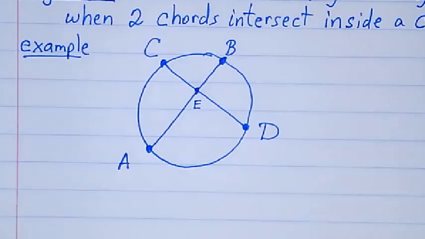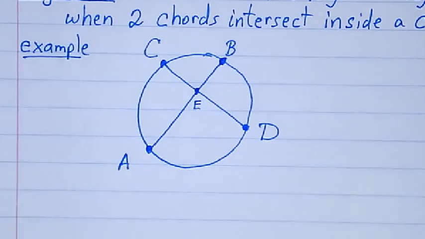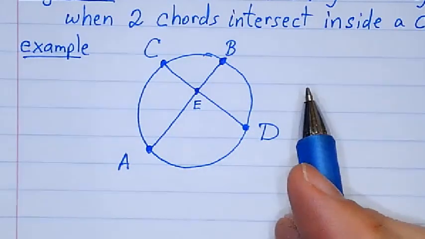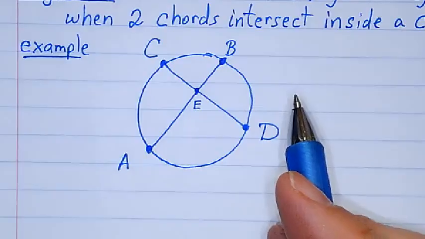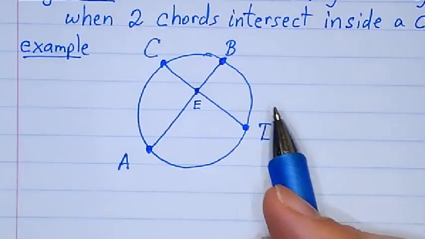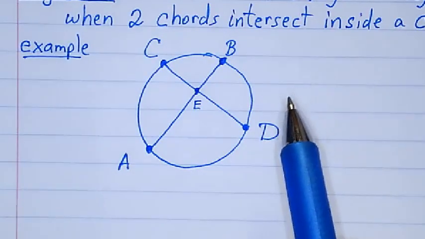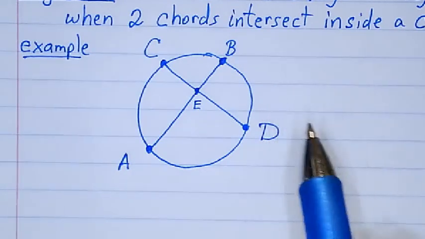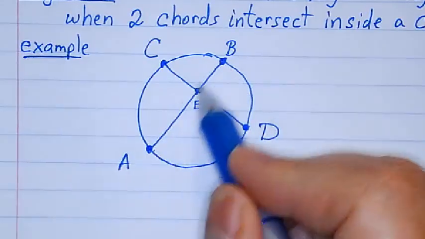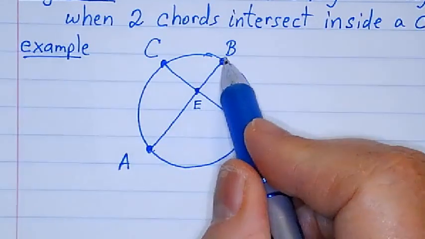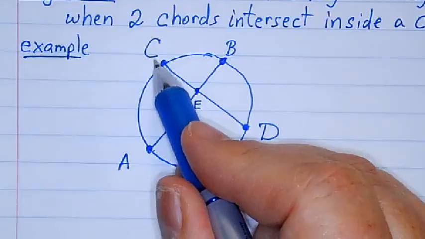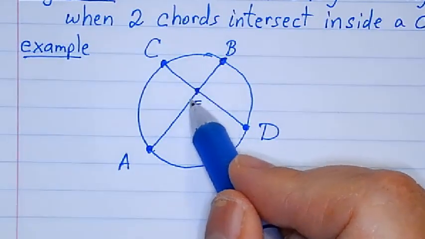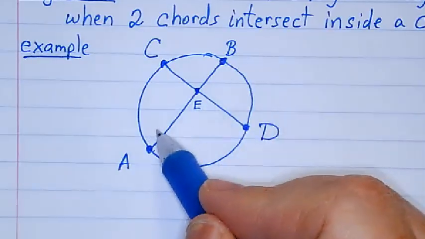They intersect at point E. If you look at chord AB, which goes from point A to point B, because of the intersection with chord CD at point E, how many segments was AB chopped up into?